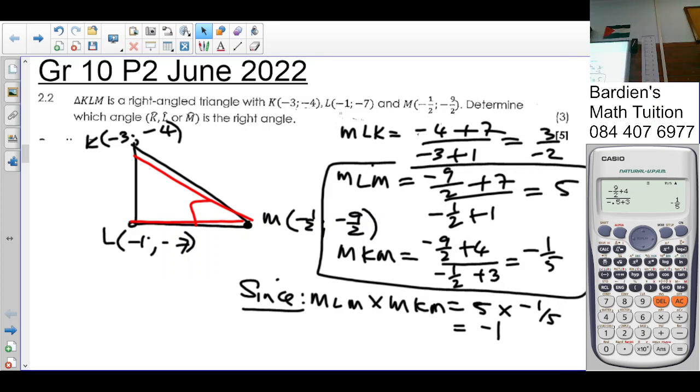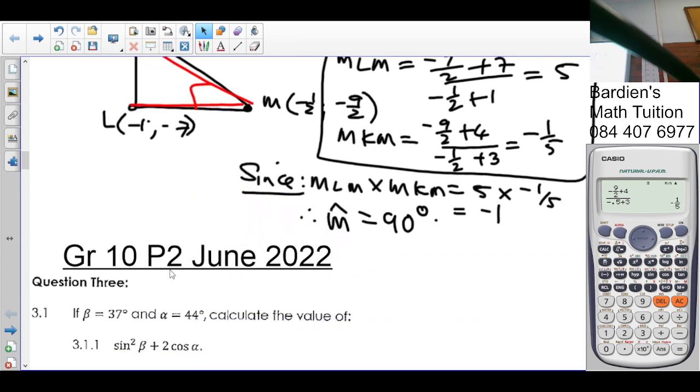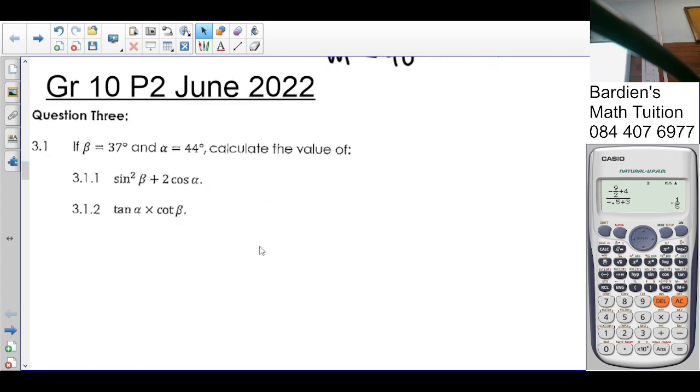Okay, so in conclusion we can say therefore the angle at M is equal to 90 degrees. Okay. Sorry about this one. This computer is switching off now.